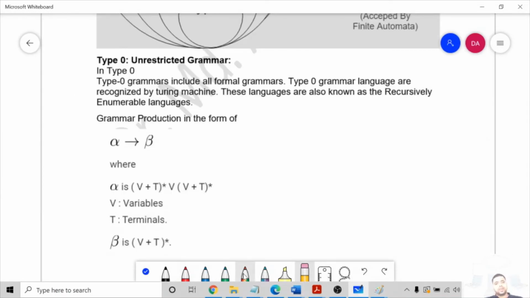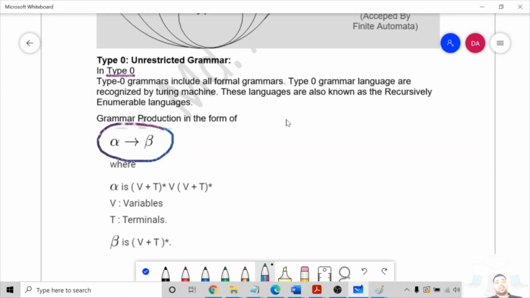Now coming to unrestricted grammar, type 0 grammar. What is type 0 grammar? If the production is in the form alpha tends to beta, then alpha is (V plus T) Kleene closure and beta is (V plus T) Kleene closure.